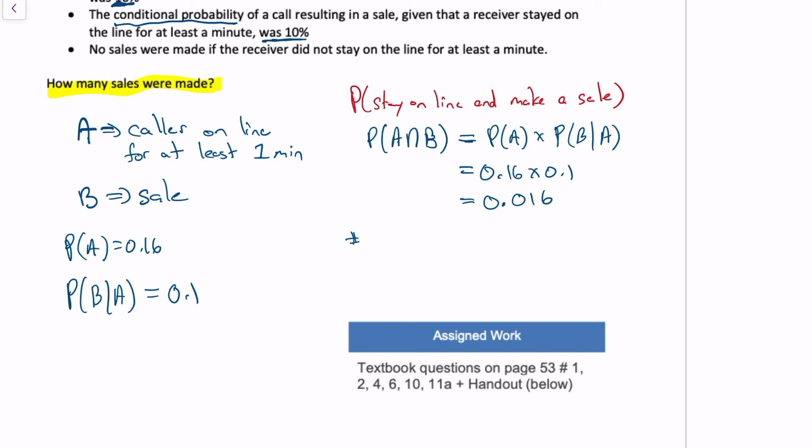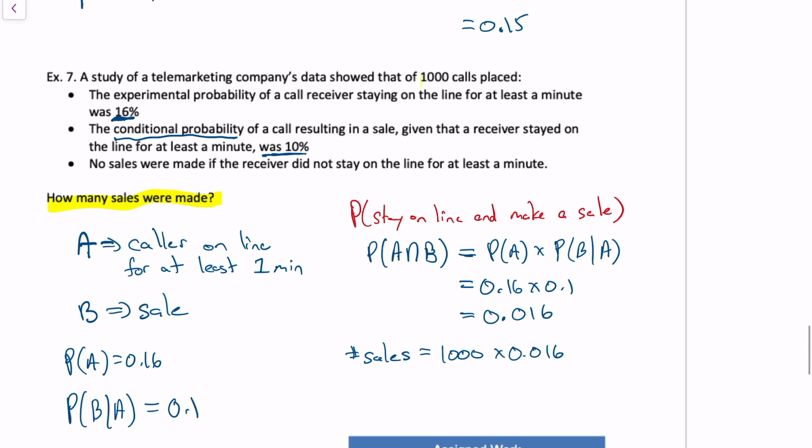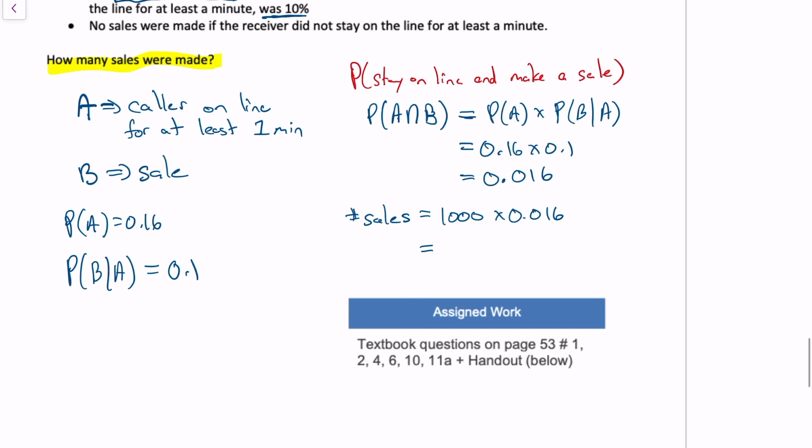So for the number of sales, I'm just going to take that number and multiply it by the 1,000 calls. So they had originally said that there are 1,000 calls placed. So we can assume then at a 1.6% chance that this works out to 16 sales. So therefore, there are 16 sales in 1,000 calls.